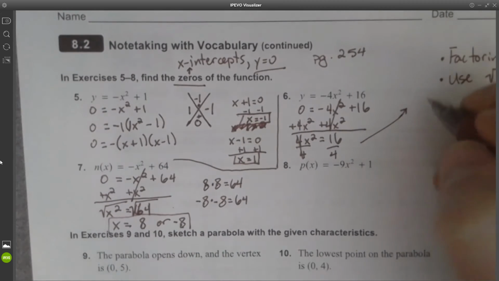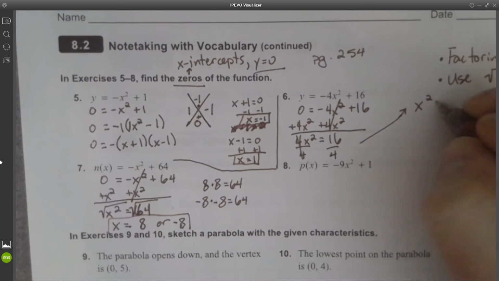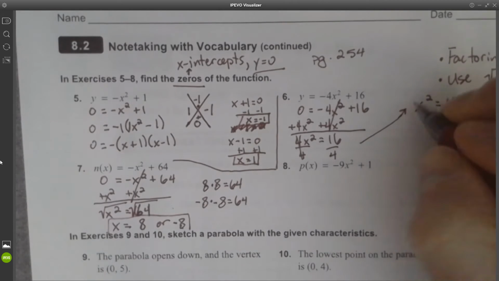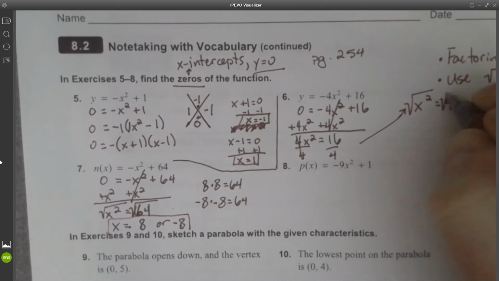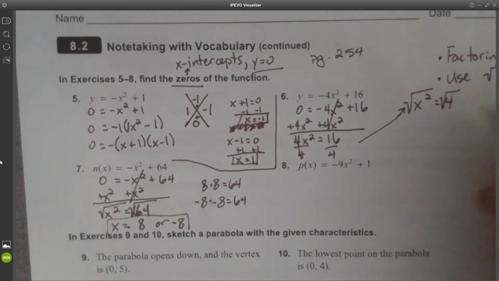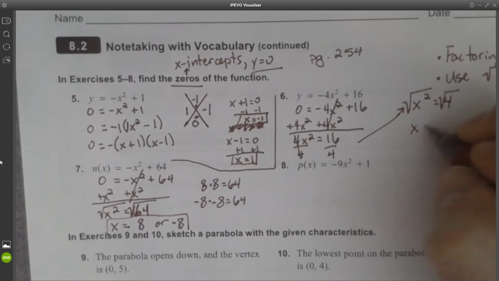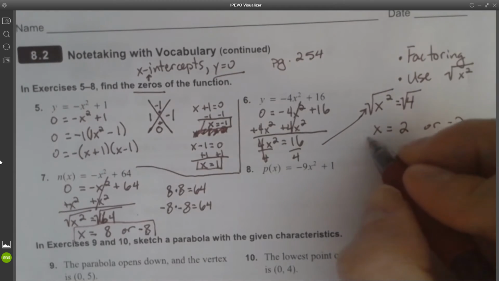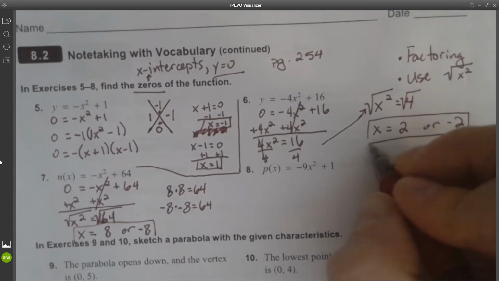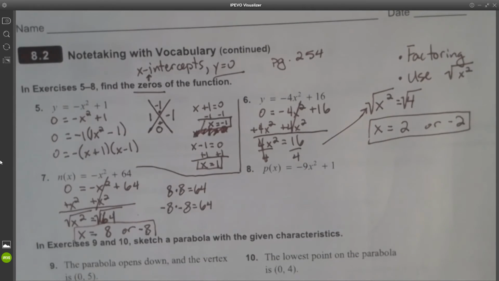Now I have x squared equals 4, and then I can square root both sides. The square root of x squared is x, and the square root of 4 is either 2 or negative 2. So there's my two answers: x either equals 2 or negative 2.